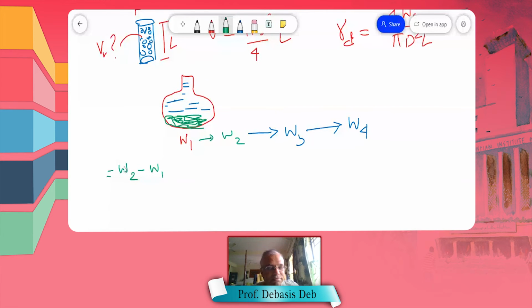This is the mass of grain, or the mass of solid, right? Everybody understand that? Yes or no? Yes, sir. Good. Now I write one more thing.